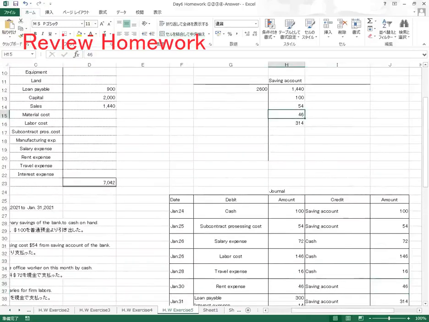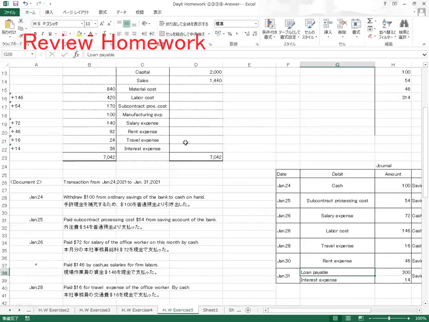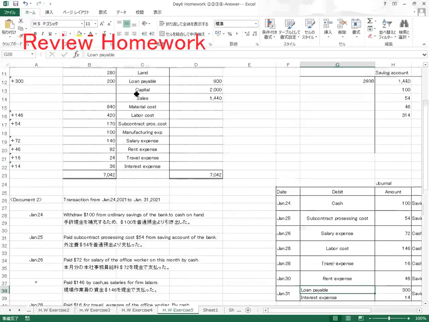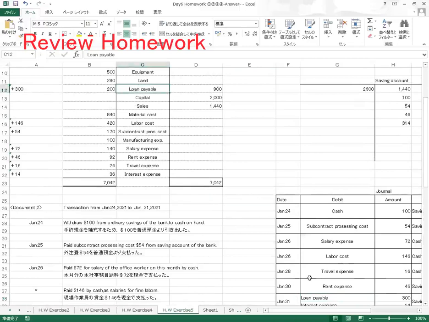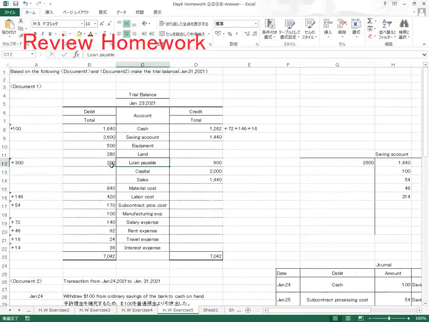Last, loan payable and interest expense, debit side. Loan payable, which side? Debit side, so I note 300 on the debit side.